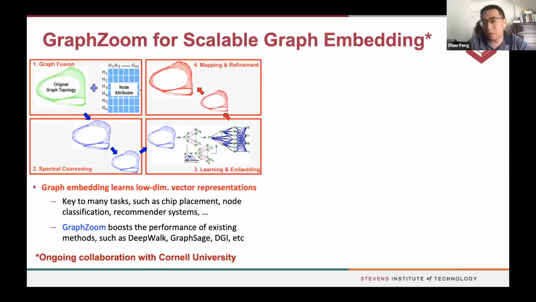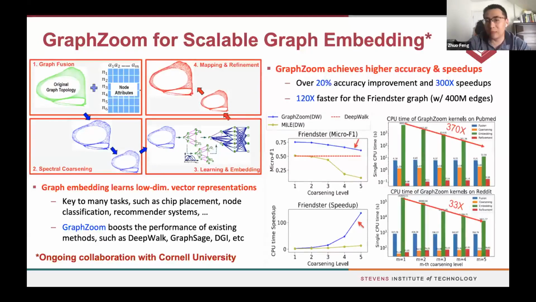However, existing methods for graph embedding can be very costly. We propose the GraphZoom framework, which allows us to embed a graph in a much faster way with improved accuracy based on our recent results in spectral graph theory. We show that we can achieve over 120 times speedup for embedding a graph with 400 million edges without losing any accuracy.